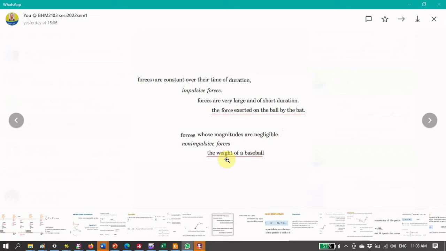For example, in the ball and bat case, the ball has weight, which is applied during the motion of the particle. But compared with the force applied by the bat, it is so small that it can be neglected.